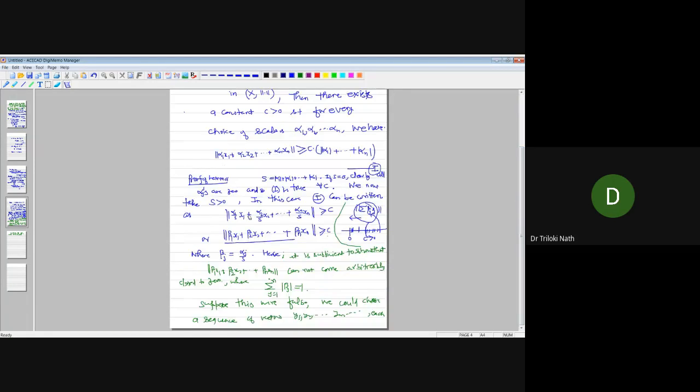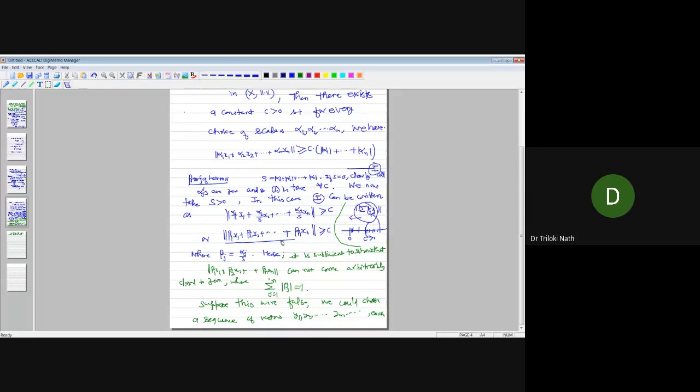So after simplifying, if the sum is not 0, you can write it in this way, that is, norm of beta 1 x1 plus beta 2 x2 dot dot beta n xn is bigger than or equal to c, where c is a constant. So if this is bigger than or equal to c, suppose it is not true, it means it cannot come arbitrarily close to 0.